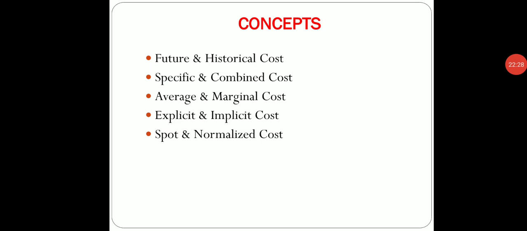Explicit cost. It is a cost of discount that the company offers to its investors. Suppose a discount is offered for investment purposes, then whatever additional cost the company is going to bear is known as explicit cost. Then the second one is implicit cost.